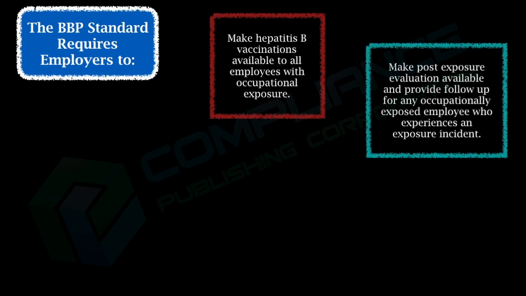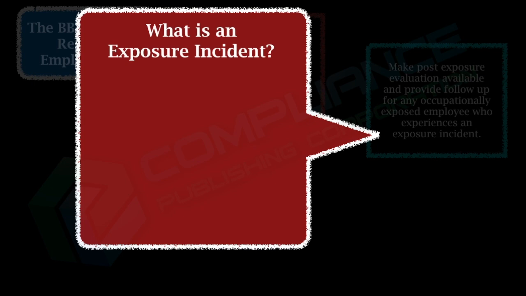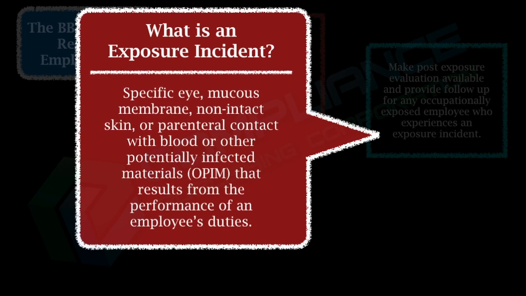Make available post-exposure evaluation and provide follow-up for any occupationally exposed employee who experiences an exposure incident. Exposure incident: specific eye, mucous membrane, non-intact skin, or parenteral contact with blood or other potentially infectious materials that results from the performance of an employee's duties.